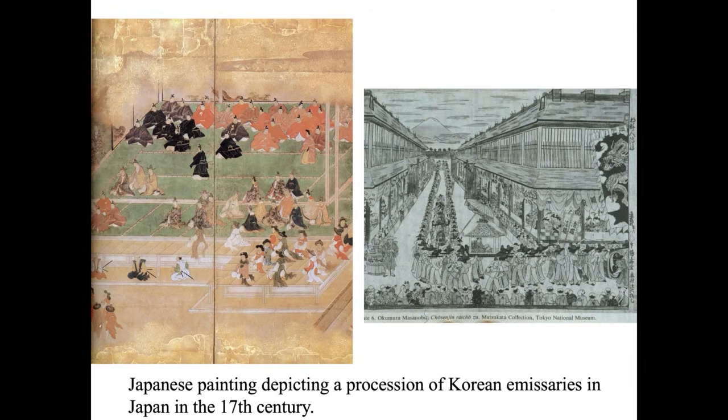A lot of artifacts that we studied in the Goryeo Dynasty or even earlier were also taken away by the Japanese or destroyed. The 5 palaces in the capital of the Joseon Dynasty were also burnt down. But after the Imjin War, Korea and Japan restored their diplomatic relationship. This is a 17th century Japanese painting showing Joseon envoys visiting the Japanese military government.